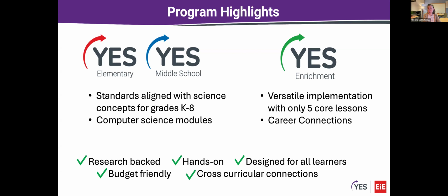There are 4 additional optional lessons, so you certainly can fill 9 days or 9 lessons of engineering. We also have more explicit career connections in our enrichment units. One of those optional lessons in most of our enrichment modules includes a whole career exploration.